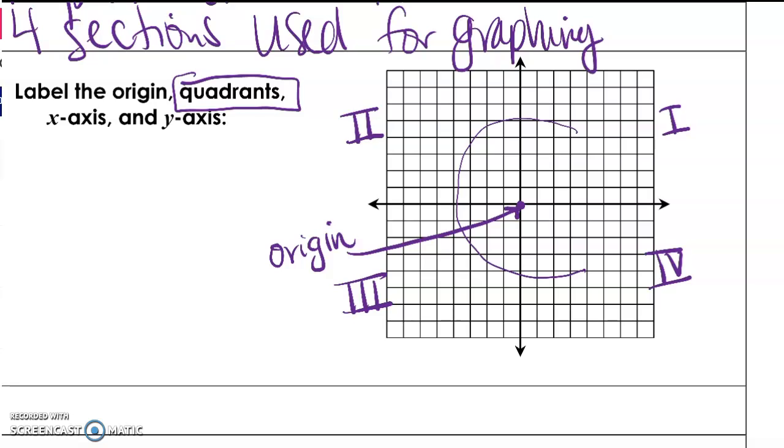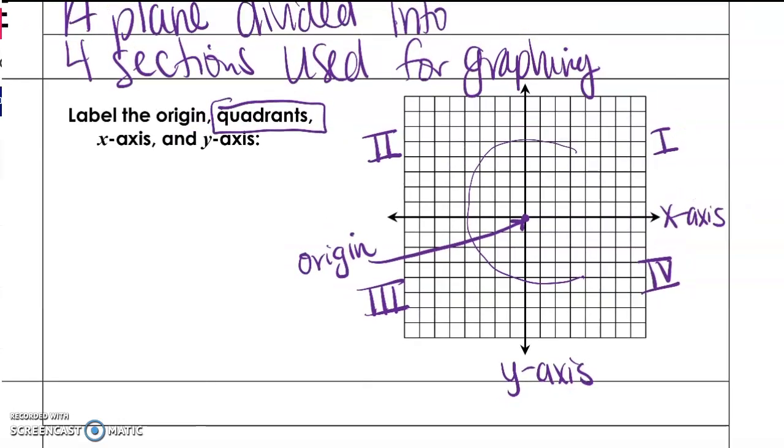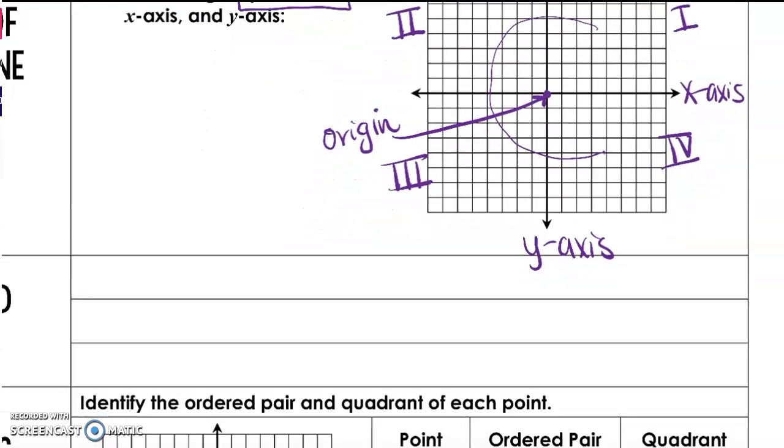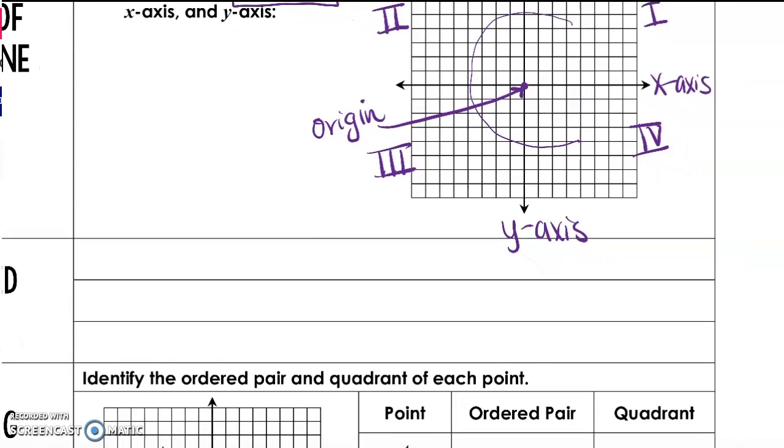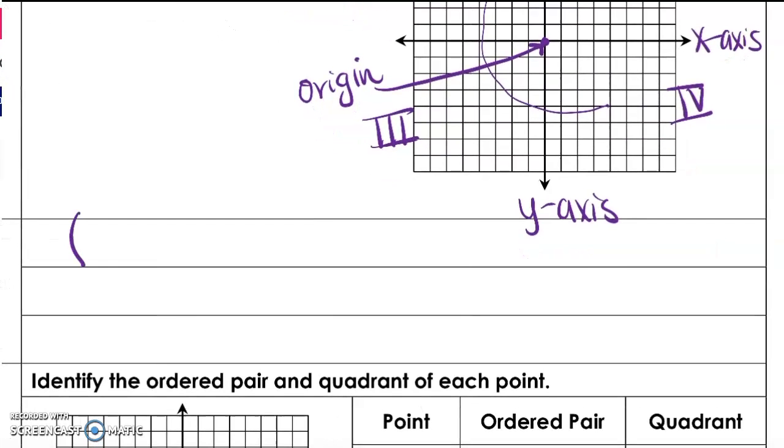The x-axis is the horizontal axis, and the y-axis is the vertical axis. The reason we split this into 4 sections is so that we can have ordered pairs. Ordered pairs always give your x-coordinate first, and then your y-coordinate, a comma in between, and we write them in parentheses.